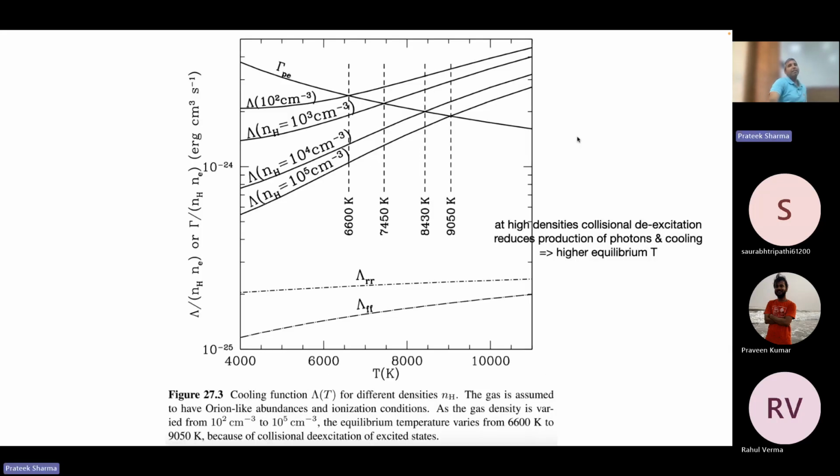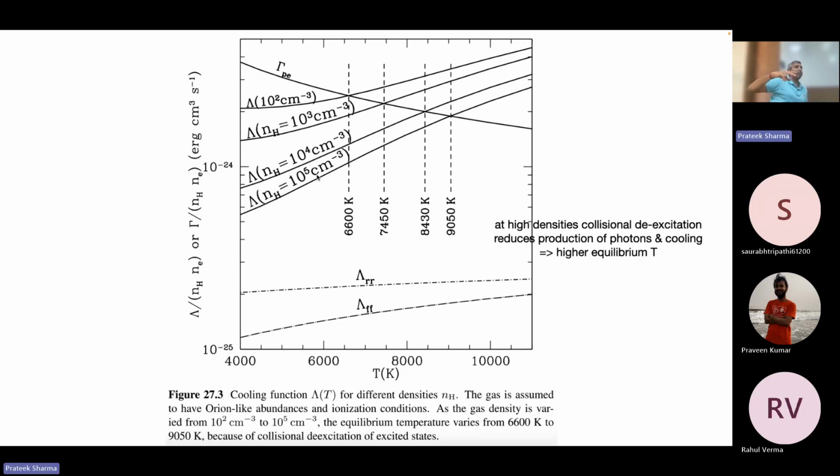What about higher densities? If you increase the densities, what happens in that case? What happens is you have these radiative de-excitations of metals, say, right? So you have O3, and there is some transition which produces a photon.